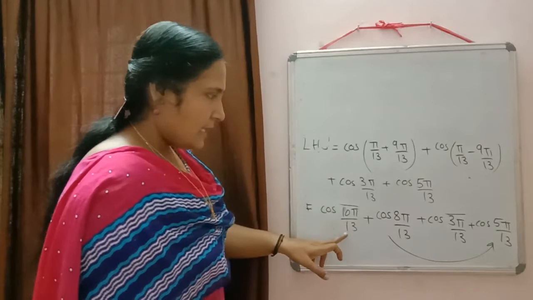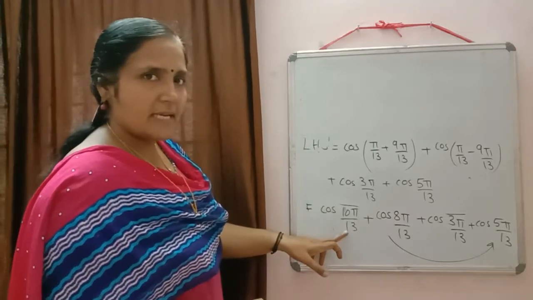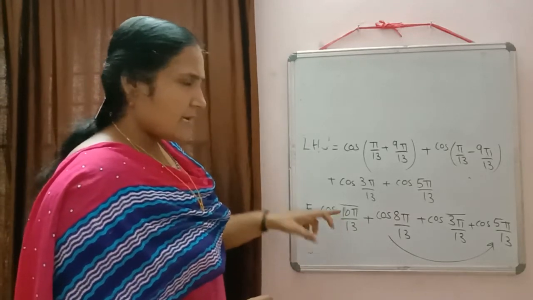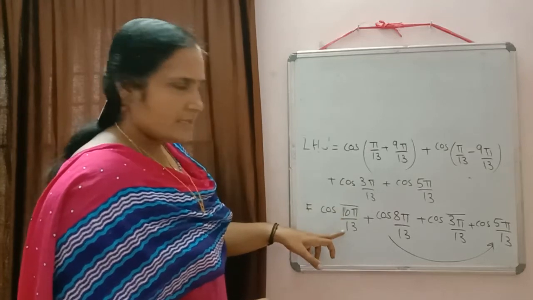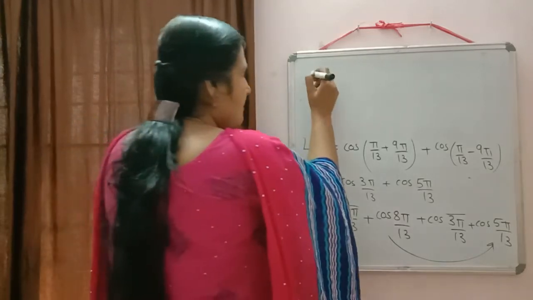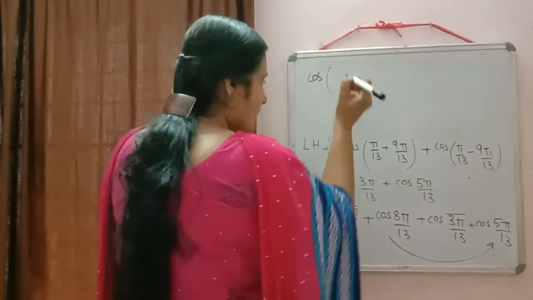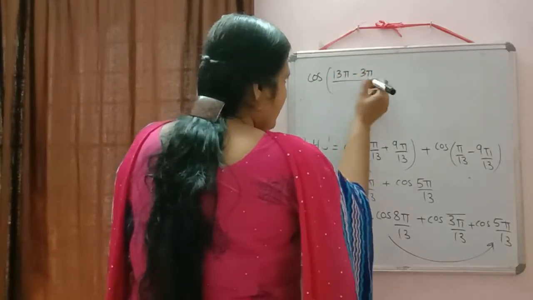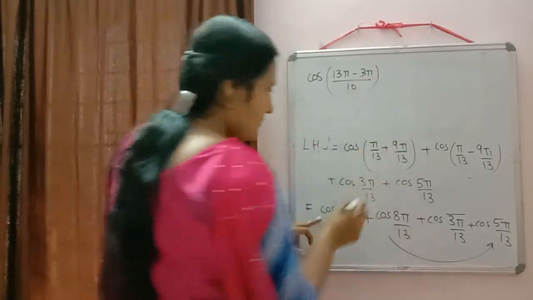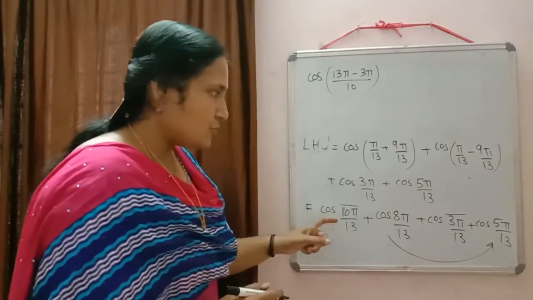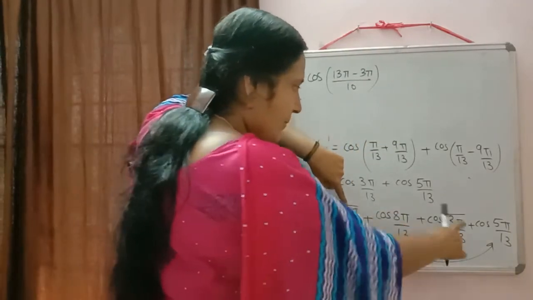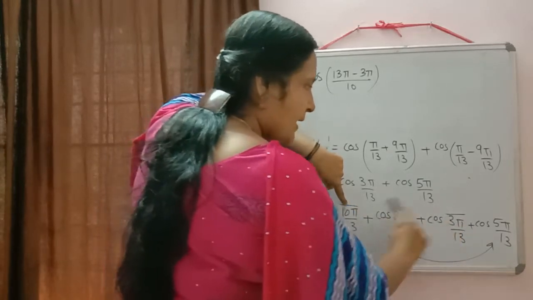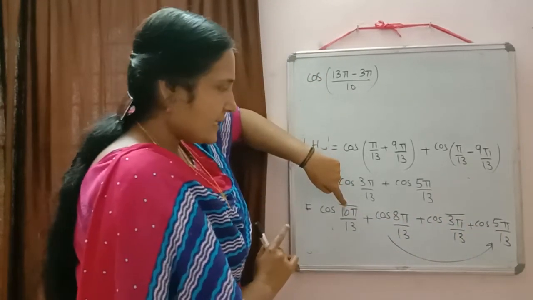Now in the multiplication table of 13, the number nearest to 10 is 13 only. So this 10 pi can be written as cos (13 pi minus 3 pi) by 13. So first we selected the pairs. These two are a pair because 10 plus 3 will give us 13. 8 plus 5 will give us 13.